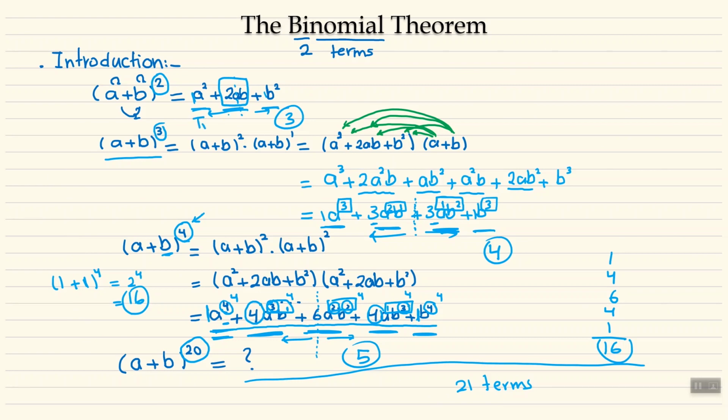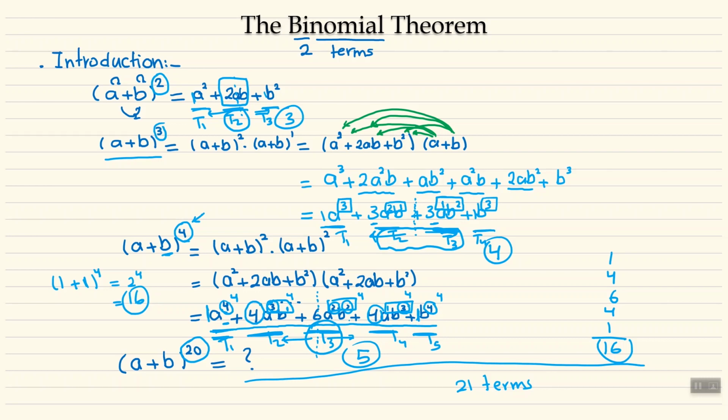If this is T1, this is T2, this is T3, the middle term is T2. When the power was 3, I had 4 terms, T1, T2, T3, T4, and actually I had 2 middle terms, T2 and the next one, which is T3. When the power was 4, I had 5 terms, T1, T2, T3, T4 and T5, and the middle term was T3.